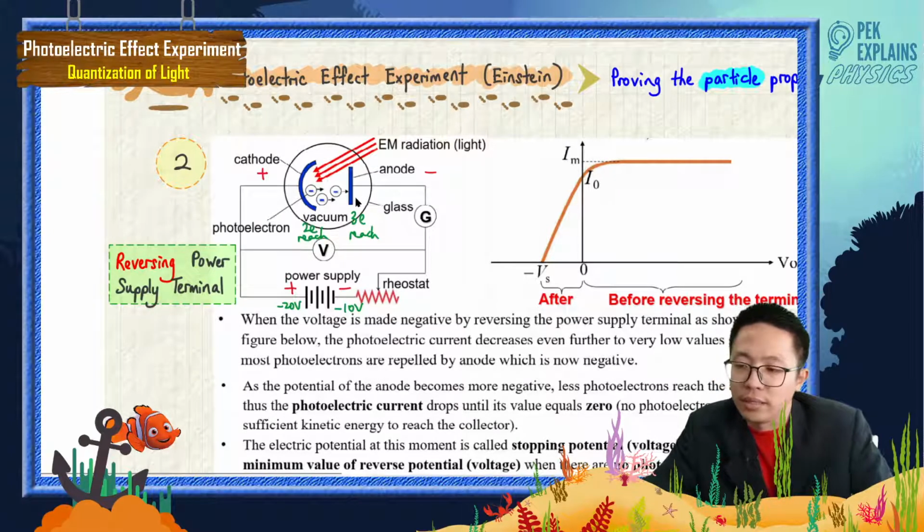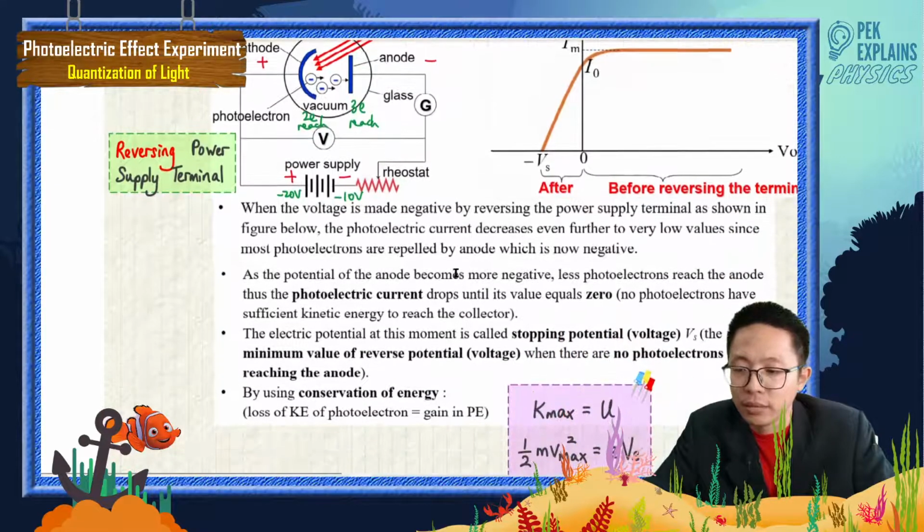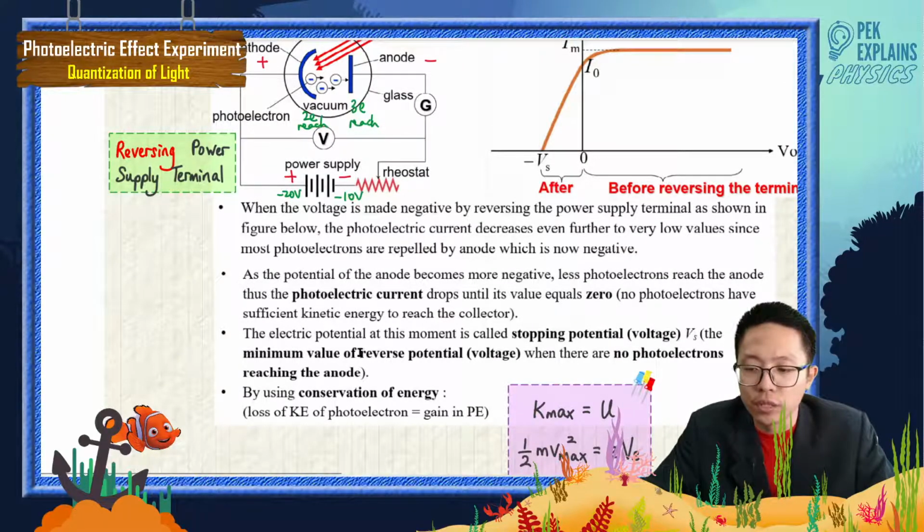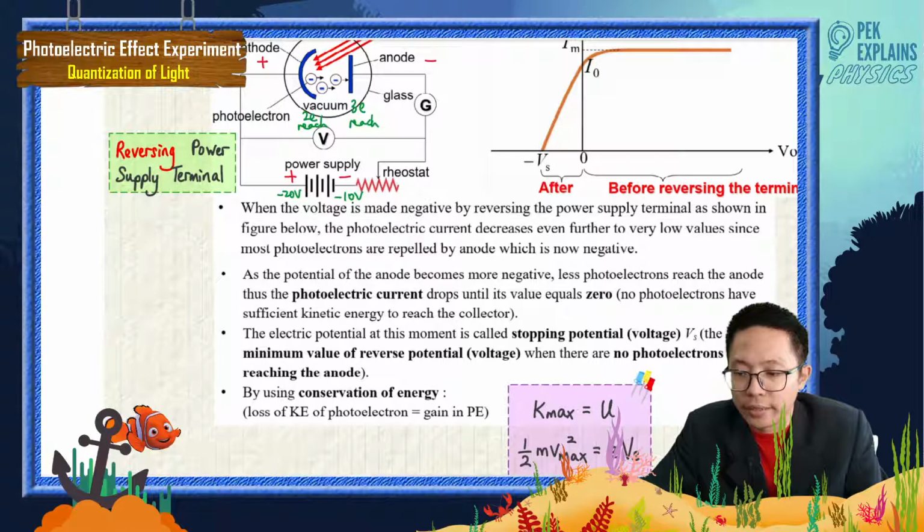Now you make it until what we call the stopping potential. The stopping potential is the minimum reverse voltage where no photoelectrons reach the anode. This is the most important thing. At the stopping potential, no photoelectron will reach the anode.